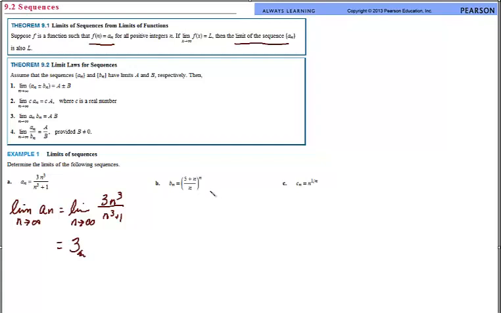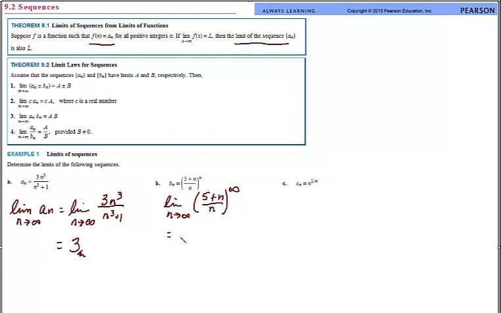This one is not quite so transparent. For this one, if I'm going to take the limit as n goes to infinity of 1 plus 5 over n to the n, I can rework it just a little bit.